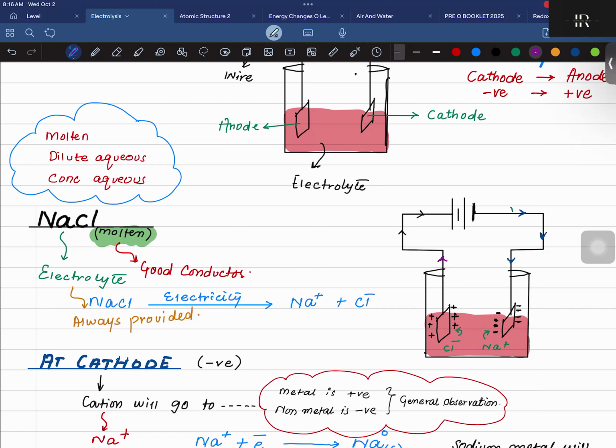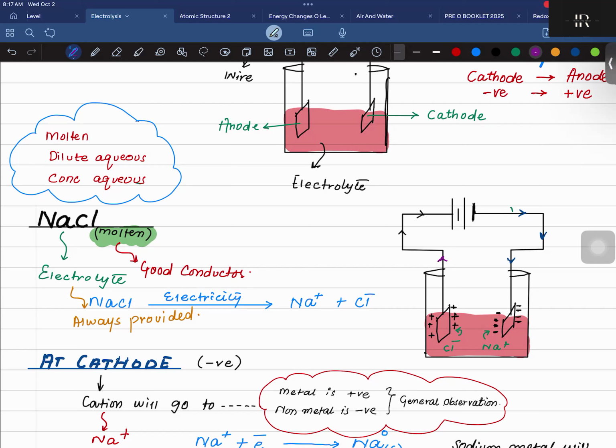You know that when compounds are in a solid state, they are bad conductors of electricity. And we were discussing in the last class that if the compound is a bad conductor of electricity, ultimately the compound would not be breaking down. As a result, you cannot say that we have electrolyzed the compound and it has broken down to give you the respective elements.